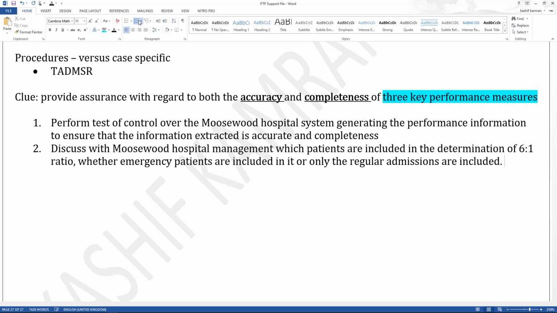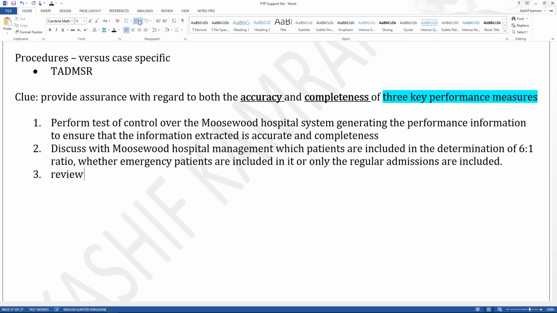Because there is a separate emergency ward and there are private rooms in the hospital, the ratio might be different in an emergency situation and in a normal situation. Is that how hospitals work everywhere? So we need to discuss with management which patients, so that if I'm recalculating, I know exactly which patients to include.